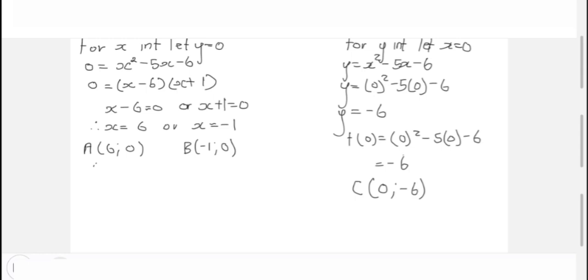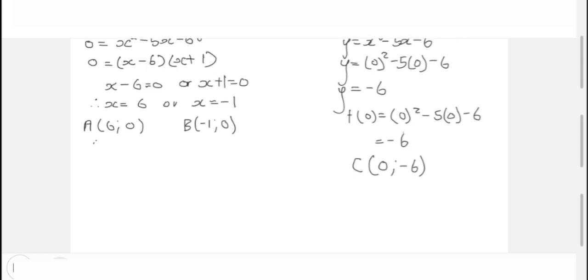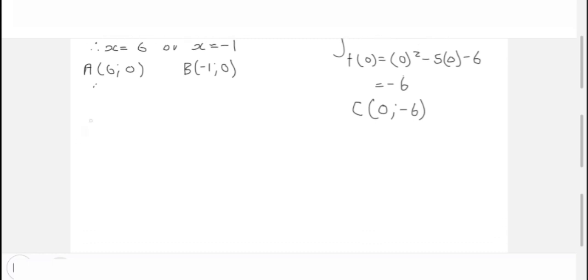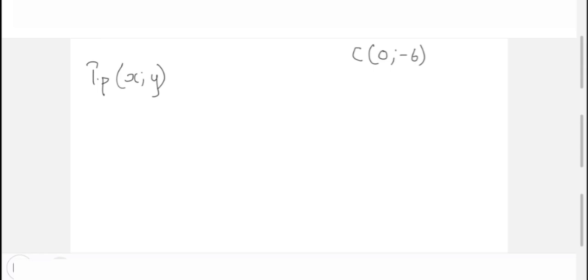Then when we go forward, we're now going to solve for the turning point. I'm just going to call it TP to summarize it. We know that the turning point has an x and a y value. To find the x value of the turning point, we use the equation x is equal to negative b over 2a.